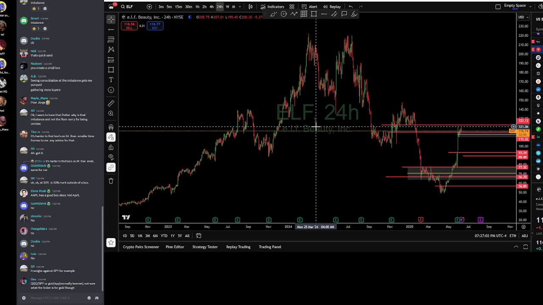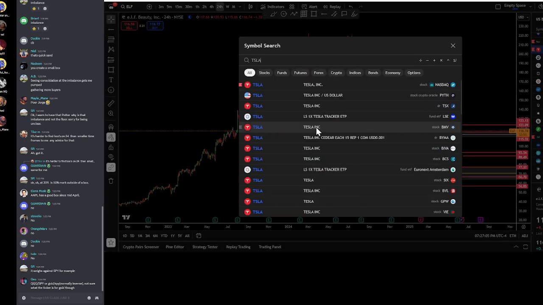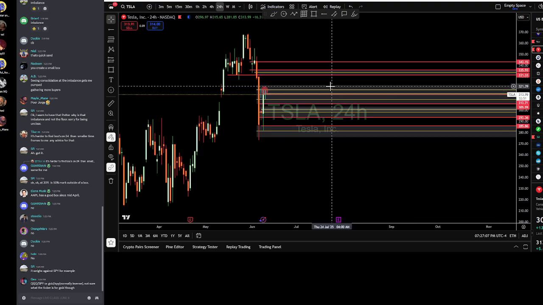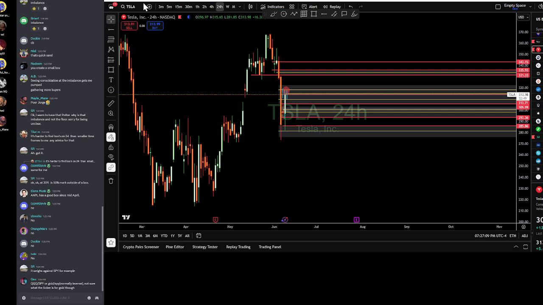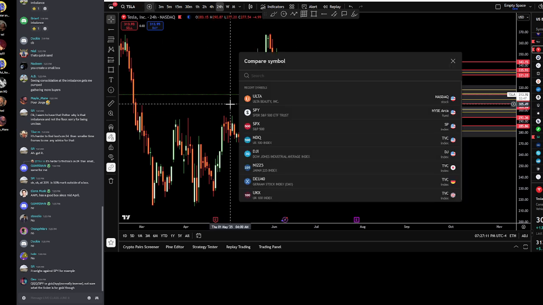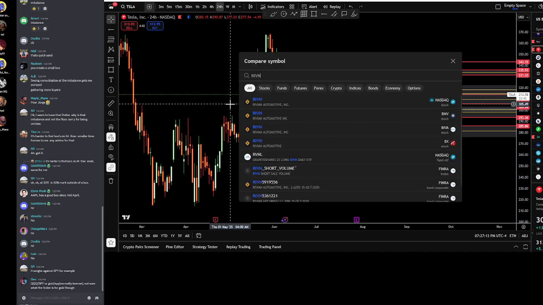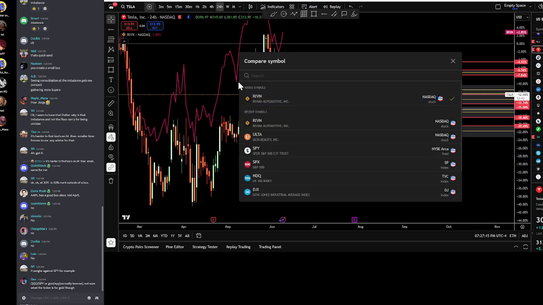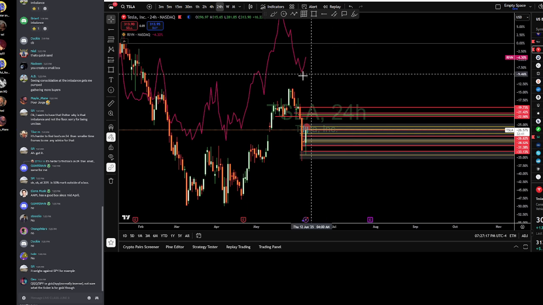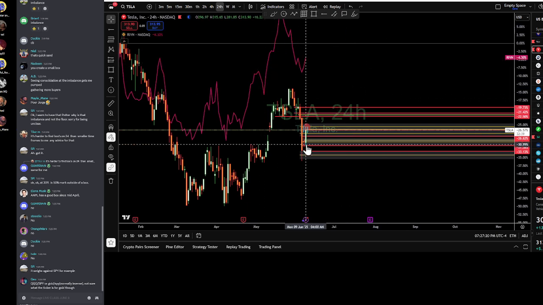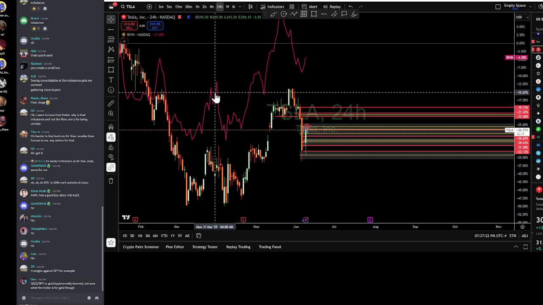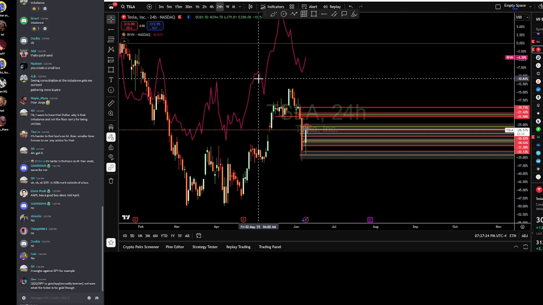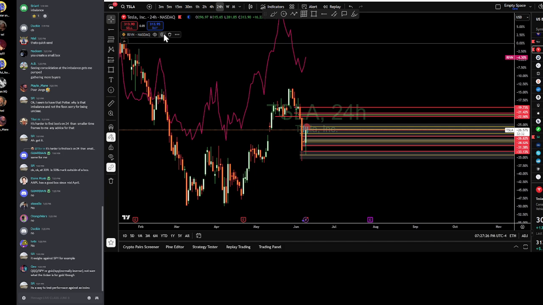But it's just a way to put Tesla and, I don't know, Rivian or something like that, to see if there's any sort of correlation with price action. Definitely is. All right. Just a little side note there.